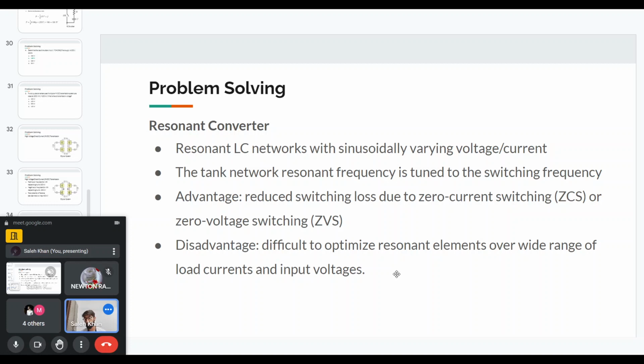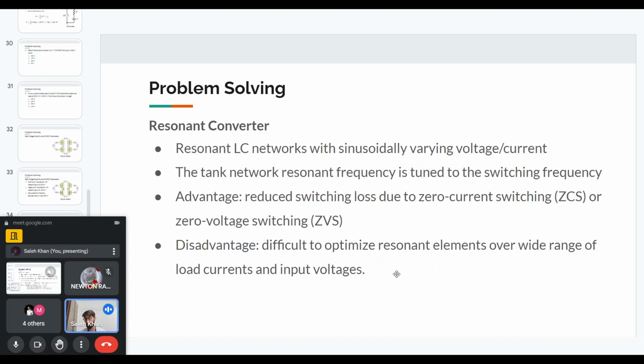So resonant converters basically use LC networks which have sinusoidally varying voltage and current across them. The inductor and capacitor are resonating with each other first of all, and they have sinusoidally varying voltages and currents.